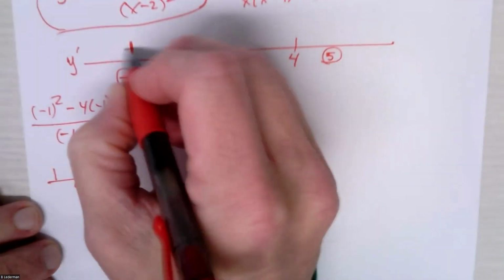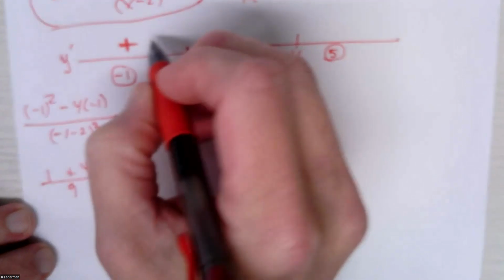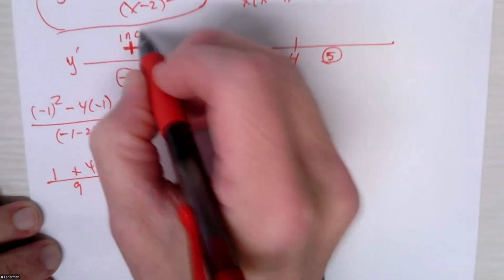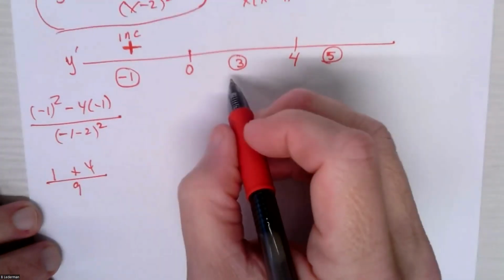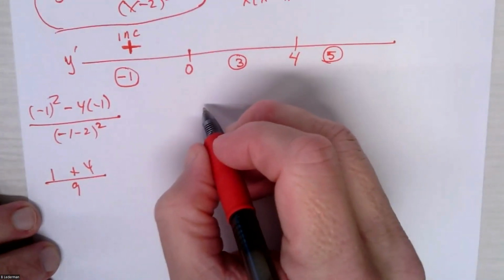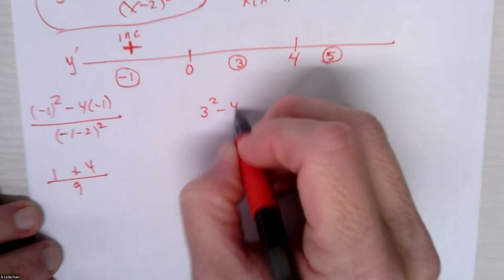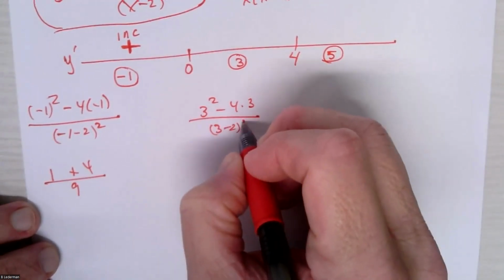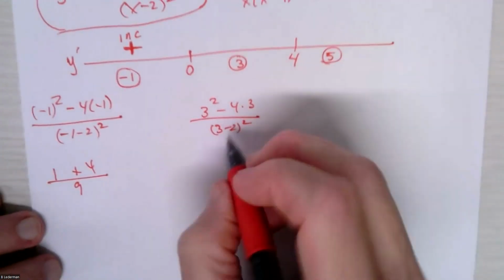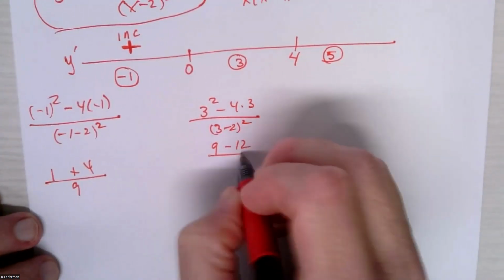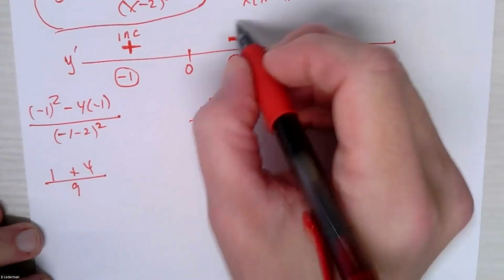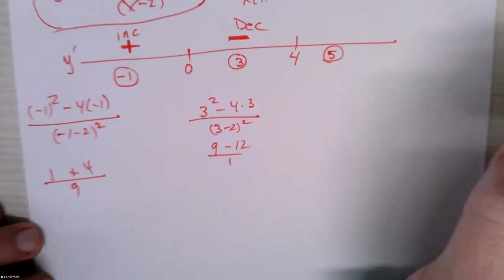So this function is positive here, which means it's increasing in this interval. Now we plug in x equals 3. So this becomes 3 squared minus 4 times 3 over 3 minus 2 squared, and that's 9 minus 12 over 1, which is negative, which means it's decreasing in this interval.